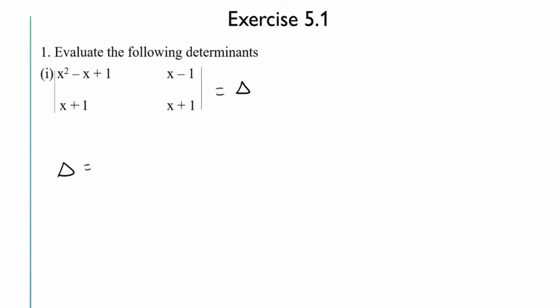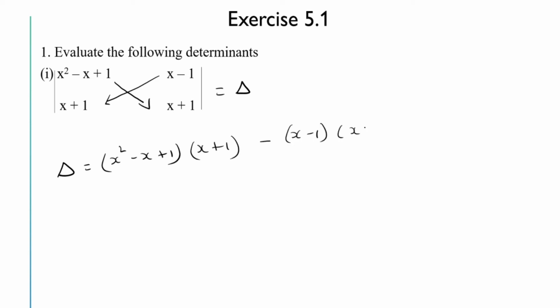So we know how to find that value of determinant of a matrix of order 2. So multiply these two minus product of these two. So delta is equal to x square minus x plus 1 into x plus 1 minus x minus 1 into x plus 1. So when we simplify, we will get the value of the determinant.